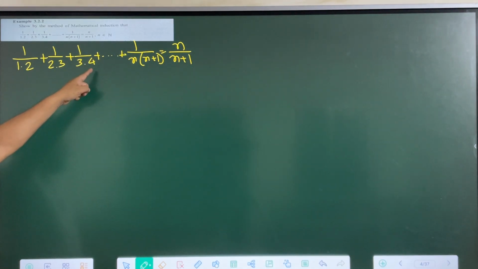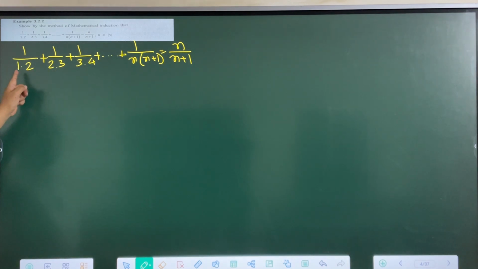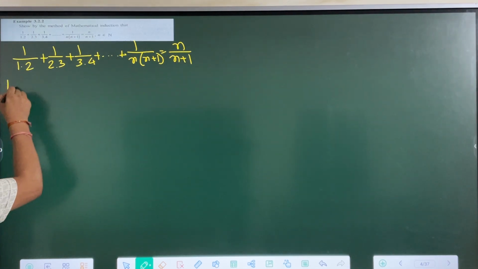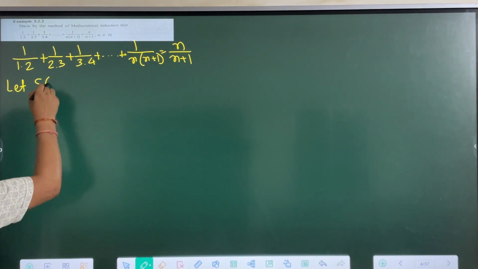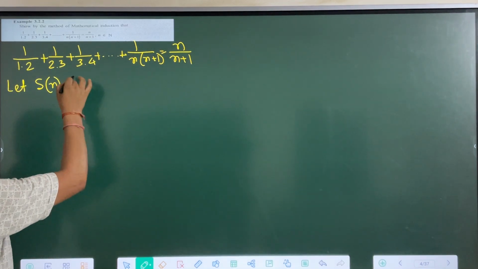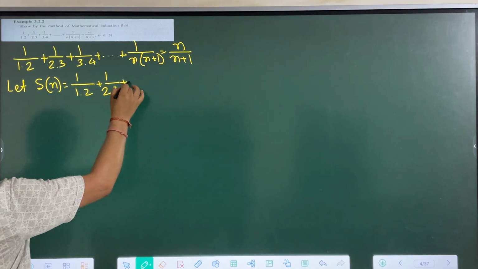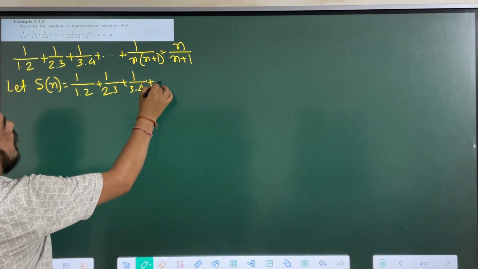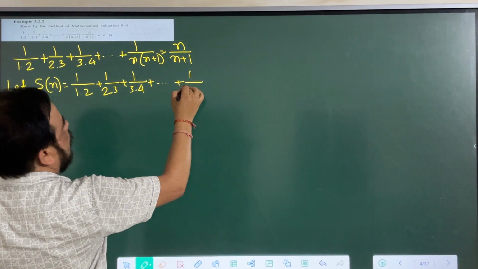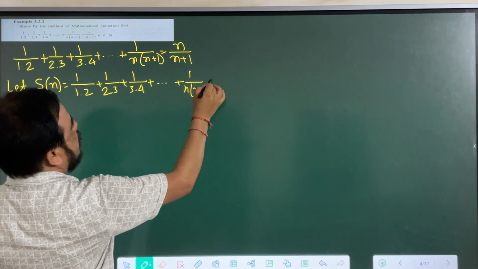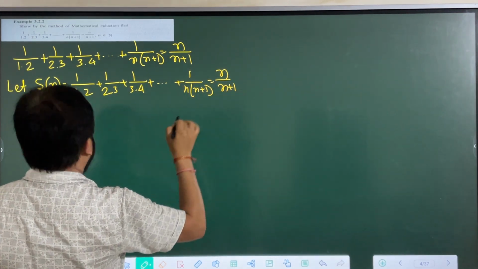This is first term, S1. So what we have to write always, let Sn is equal to whatever there we have to write. 1 by 1.2, 2 into 3, 3 into 4, 1 by n into n plus 1 equals to n by n plus 1.